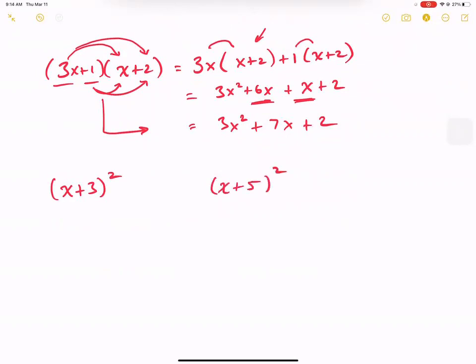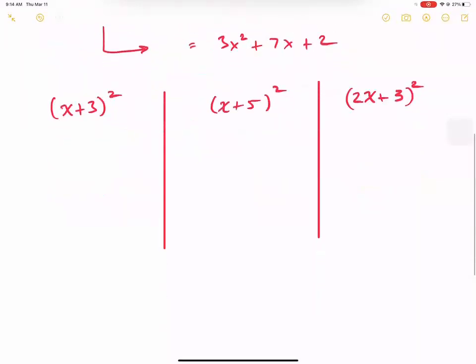I'm going to give you 3 different problems. And 2x plus, let's say, 3 squared. Let's see what happens when we deal with all 3 of these problems. Maybe we can come up with a pattern for this. And that's the goal, to come up with a pattern to make life a little easier.